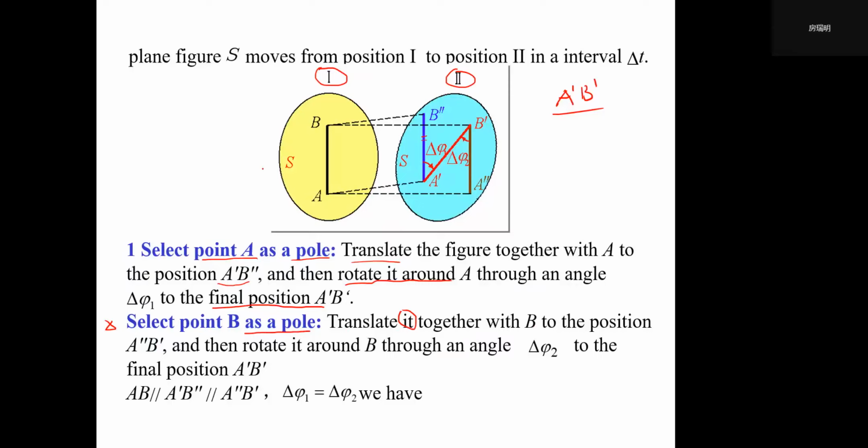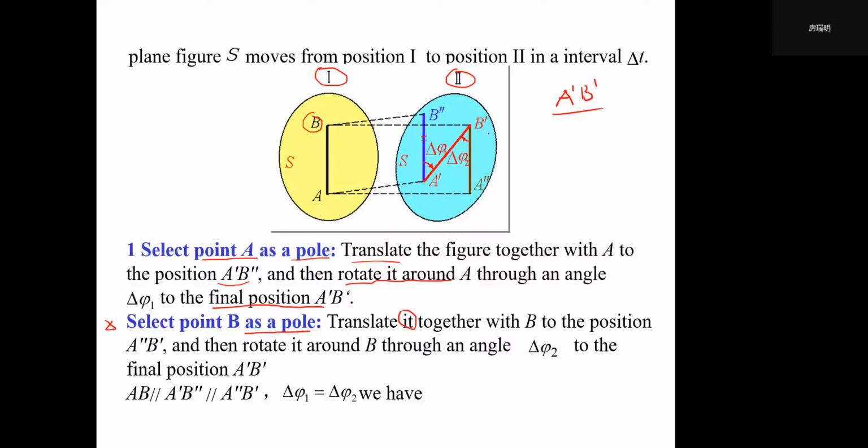You see, this time we use B as the pole, the reference point. First we let AB translate with B from B to B prime and keep its original orientation.